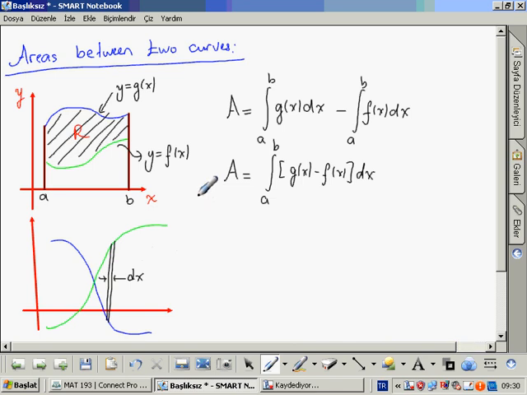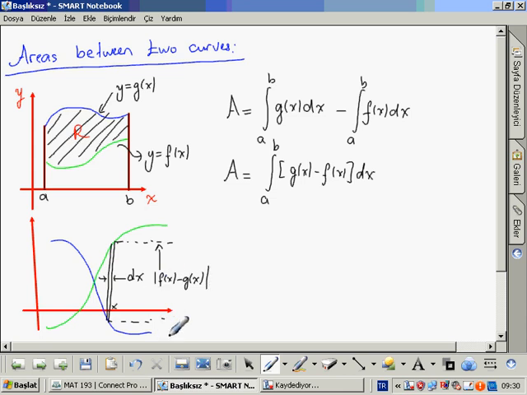As you see, here is x, and here we take the absolute value of f of x minus g of x.